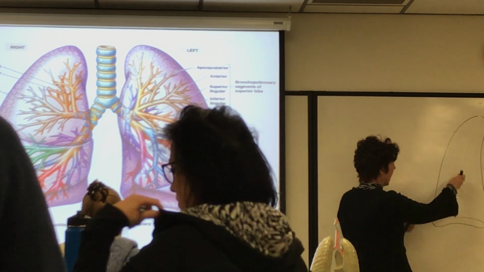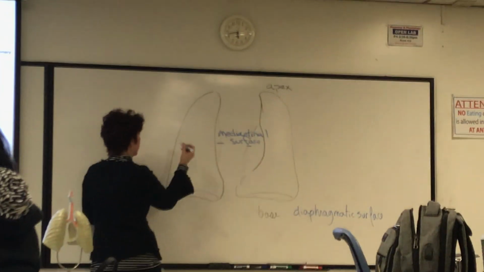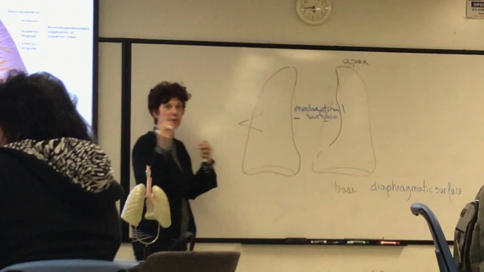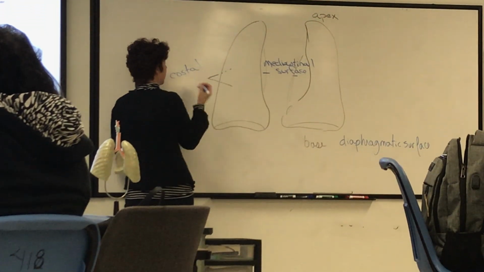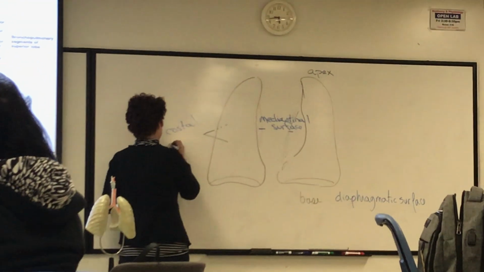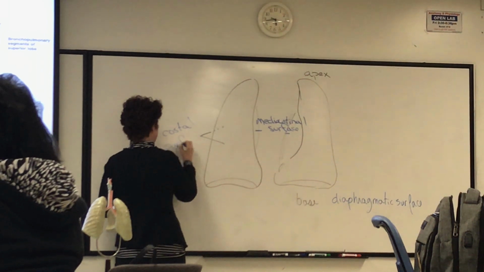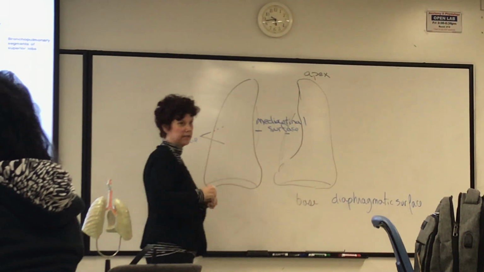So the rest of the anterior and posterior surfaces is known as costal. So I'll draw a dotted line in the back to show it's both surfaces. And costal, of course, means rib. So it refers to that region.